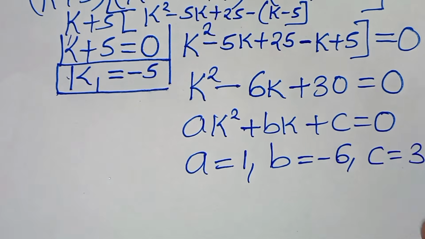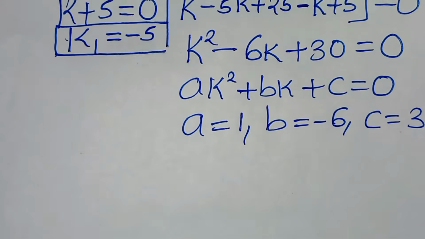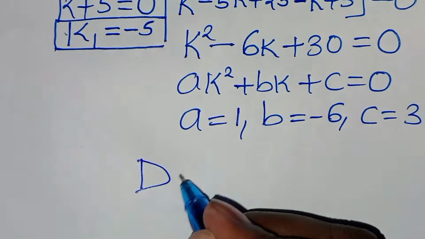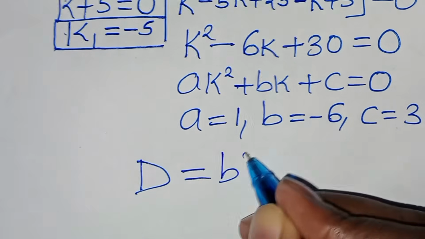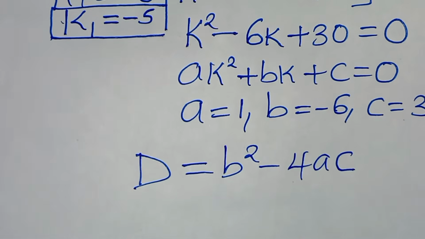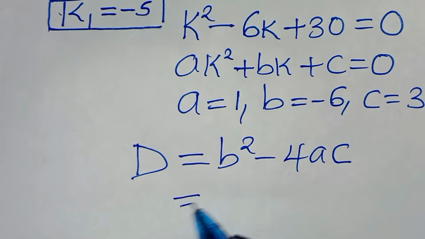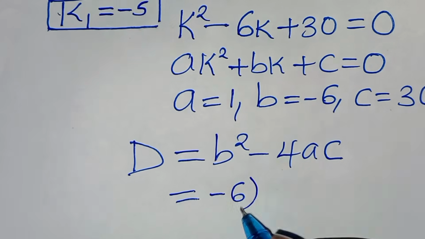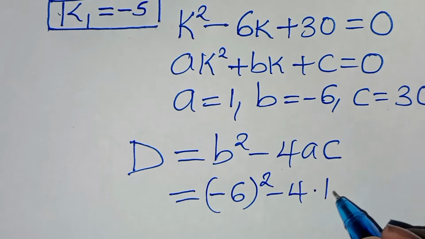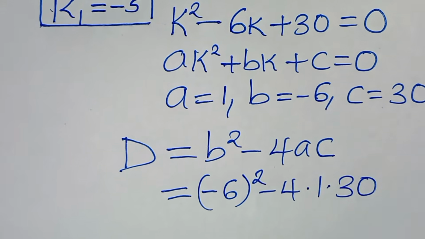to 30. So let's assess the nature of this quadratic equation by determining the discriminant value, which is actually b squared minus 4 times a times c. So here we have b squared, this is minus 6 squared, subtract 4 times a, which is 1, then times c, which is 30.